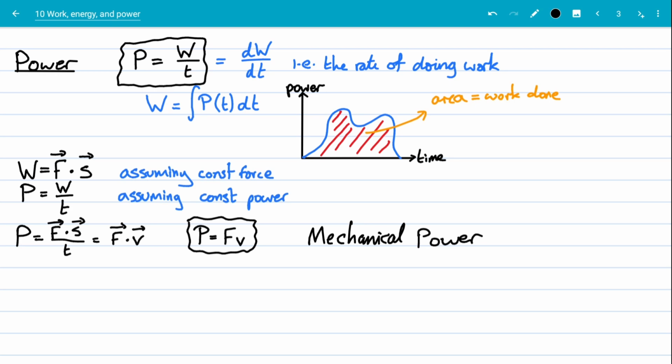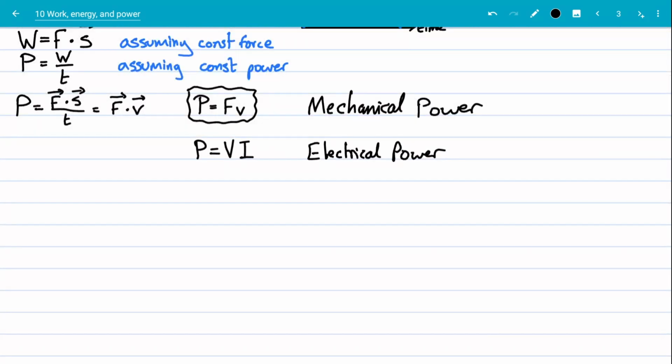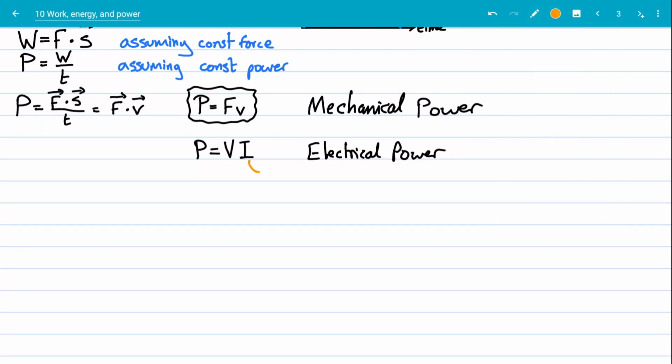But we can actually calculate an electrical power, which is equal to a potential difference multiplied by a current, and that's an electrical power. And that's why it's important that we know that current transfers energy, but it's not in itself a store of energy. That's the current, and that's the potential difference.